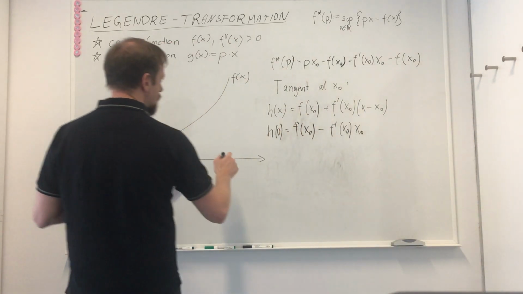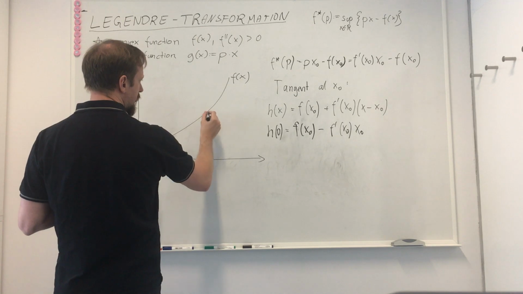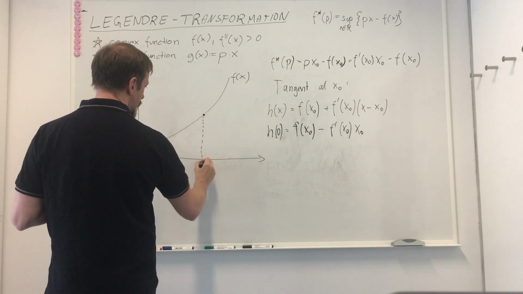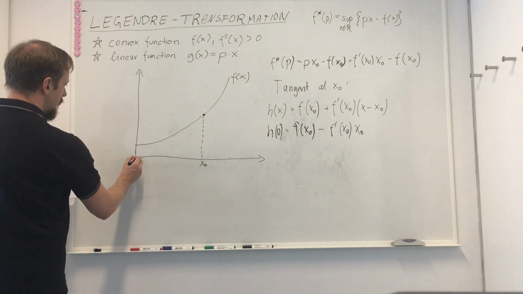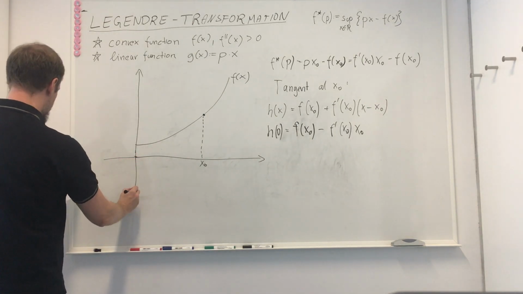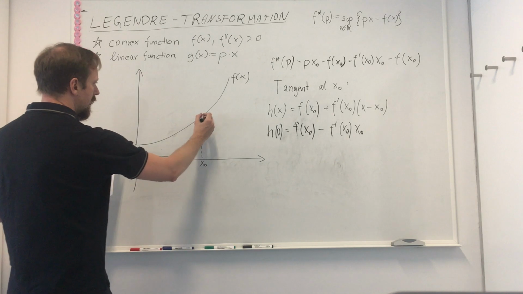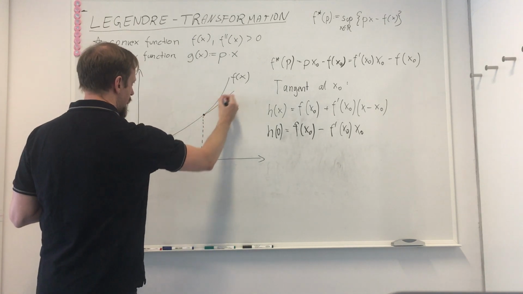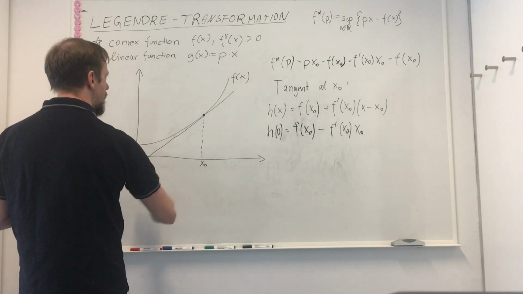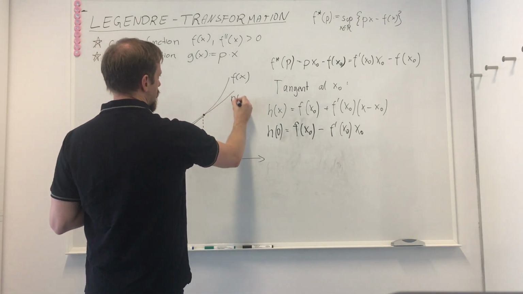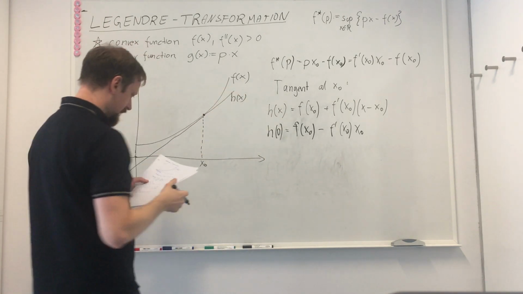And the next step, let's draw this function here. Let's say here is the position of x naught. Then we have to draw a tangent. This is h of x.